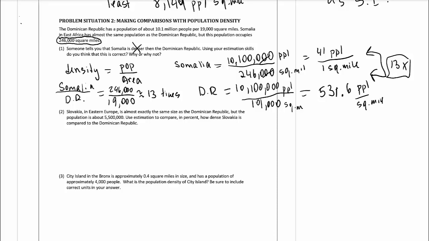So let's break this down. We have Slovakia, with a population of 5,500,000 people, and its space is the same as the Dominican Republic. What's the Dominican Republic space? 19,000 square miles.